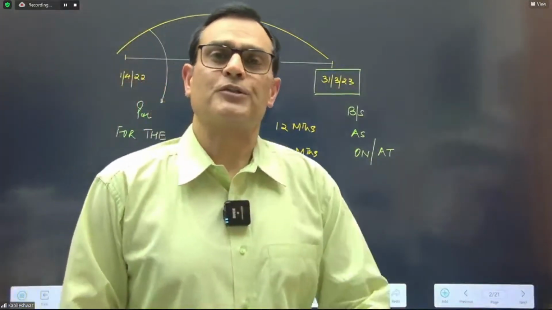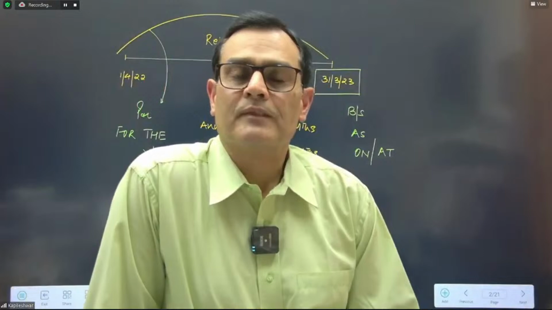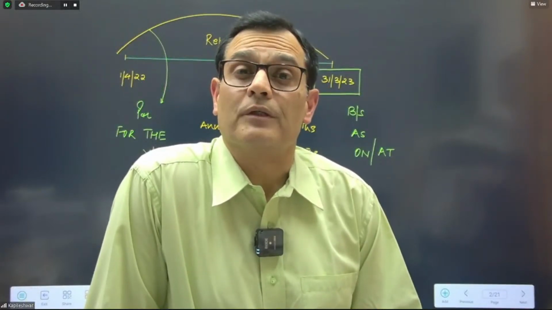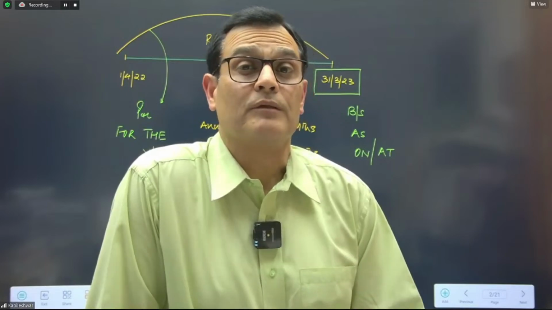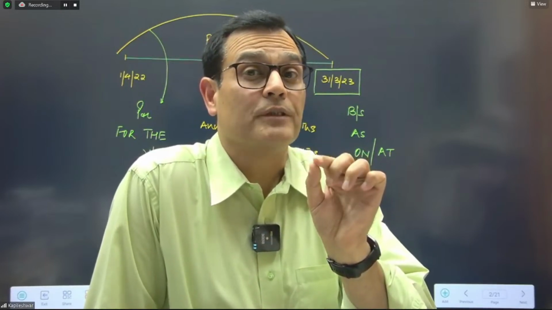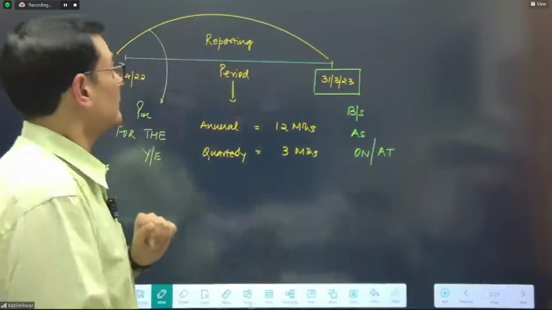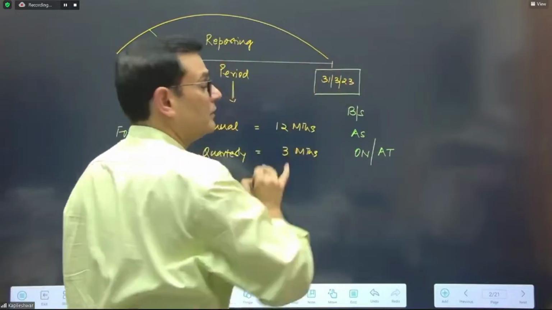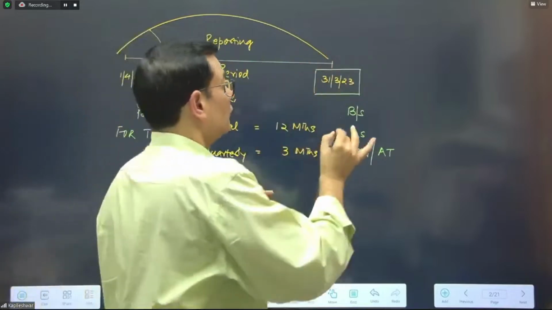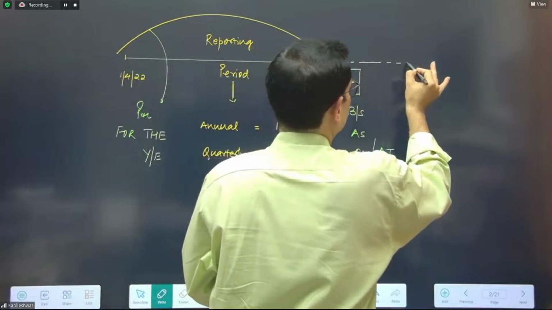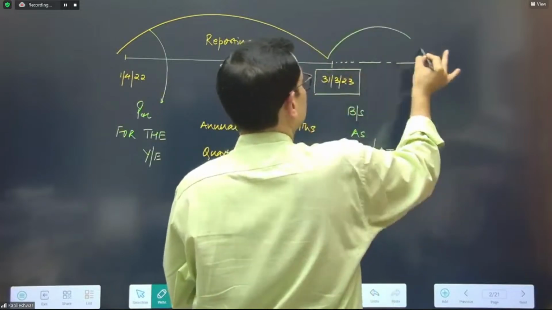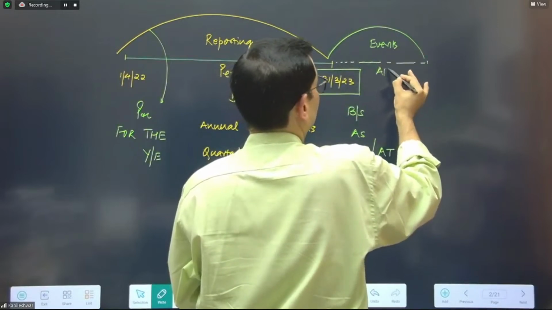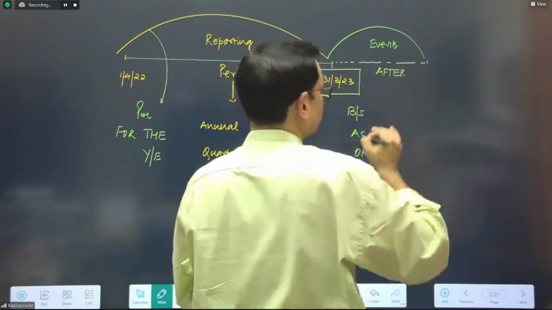Now, I want you to focus on the name of the standard. The name of the standard says events after. The word is very clear in the name of the standard, events after reporting period, which means I'm looking at the events which are going to take place after 31st March 23. So the standard is trying to address the agenda that there might be certain events which take place after the reporting period. Get this very clear.